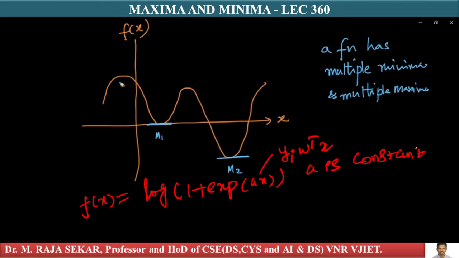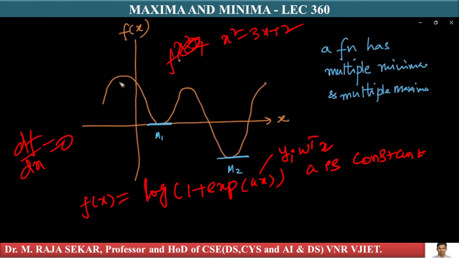If I want to find minima and maxima of this function, the necessary condition can be found very easily by saying df by dx equal to 0. Just solve df by dx equal to 0. For example, take f of x equal to x square minus 3x plus 2.